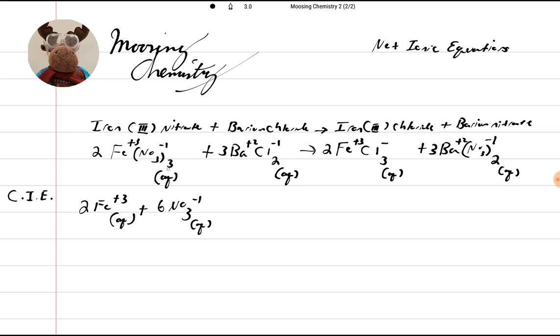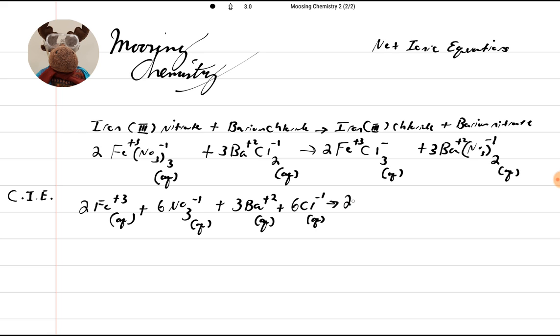You've got a 3 here and a 2 here, and 2 times 3 is 6. Let's keep going: 3Ba plus 2 aq plus 6Cl minus 1 aq. 3 times 2 is 6.